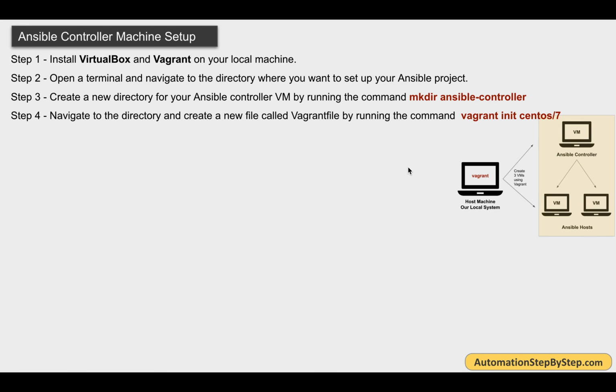Then step number 4 is, we will go to this folder from the terminal, and here we are going to create a Vagrantfile by running the command vagrant init. And if we want to use a specific operating system or a specific virtual machine, we can also give the name of the machine.